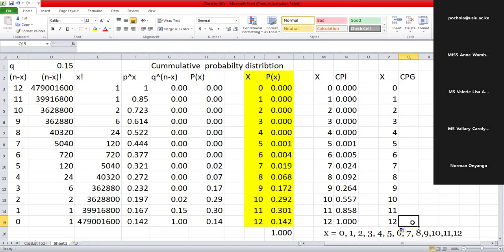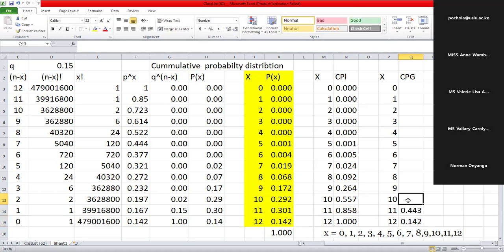So I come with the probability of getting at least 12 successful surgeries. There's no more than 12 surgeries here, so at least 12 is just the probability of 12, because there's nothing beyond 12. Then at least 11, I add the 12 to the 11 one.